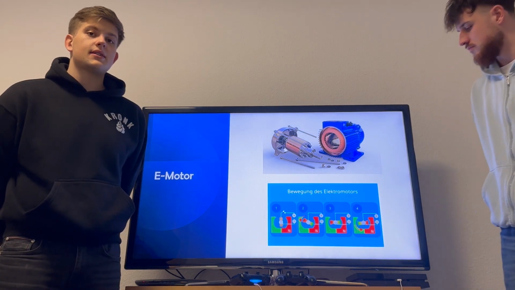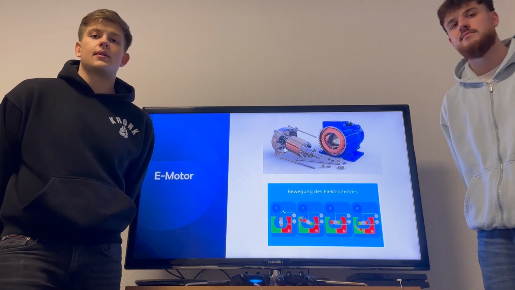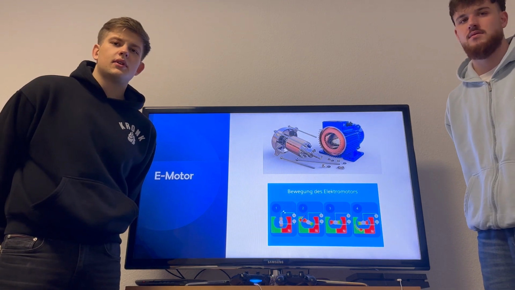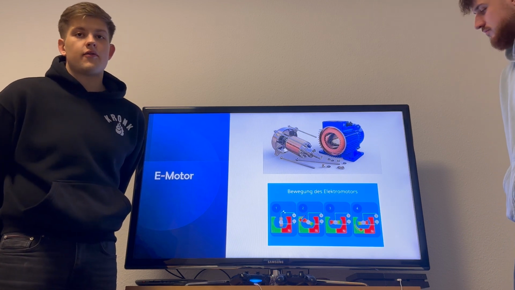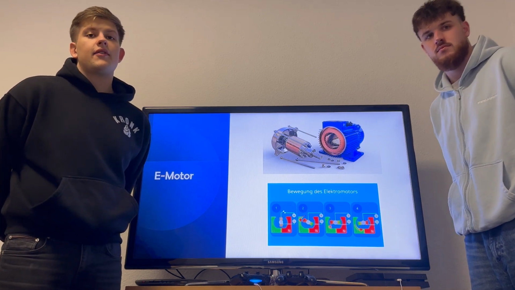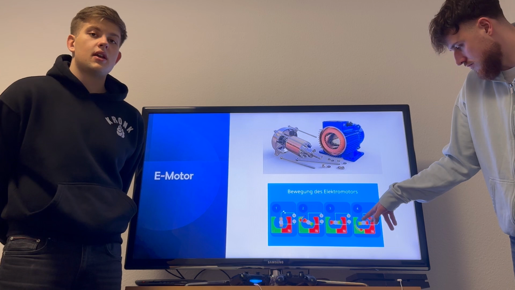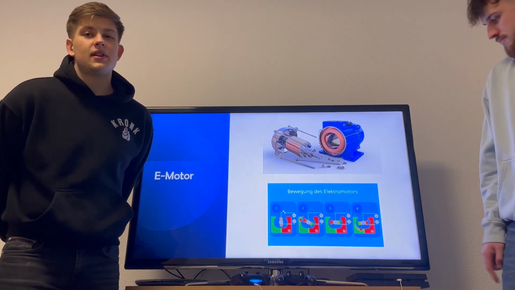Since the rotor is a rotatable unit, it continues to rotate until the poles of the magnet from the rotor and the stator face each other, and this position is called the optimal alignment.